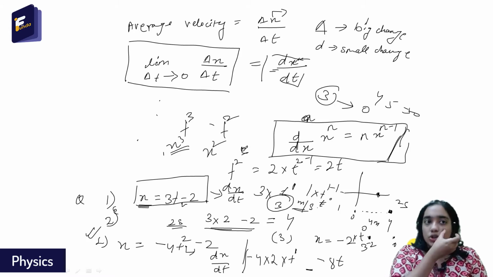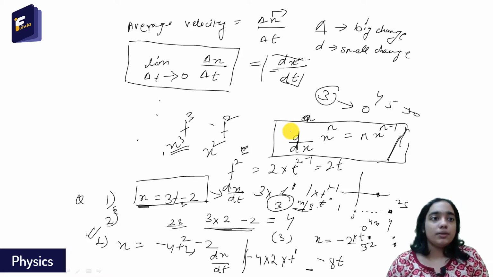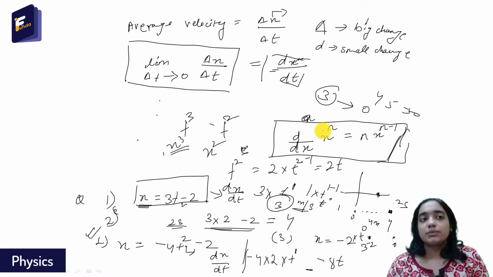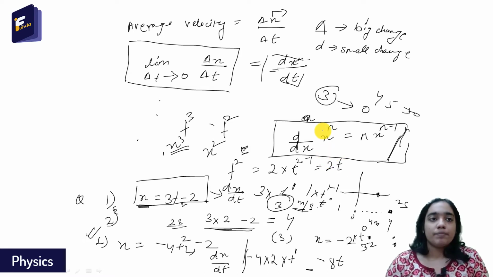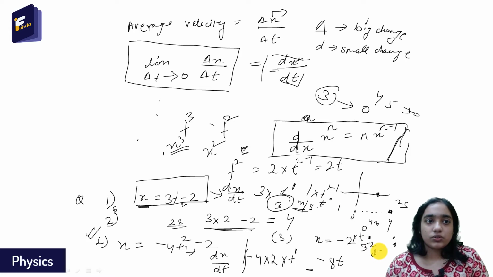Okay. Mathematically also we can prove this by finding dx by dt. As you know, the dx by dt of a constant, that is any number, is 0. So by mathematics also we can see that dx by dt equal to 0.